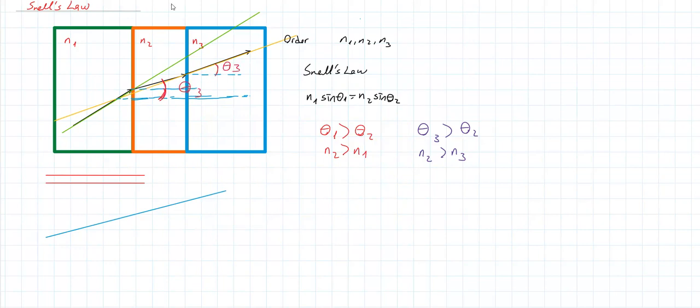Okay, and this is theta 1, the angle in here. So I see that theta 1 is greater than theta 3, right? Then, let's say in this way, N3 is greater than N1. Okay, now wrapping it all up, I can say that N2 is the greatest, then comes N3, and then comes N1.